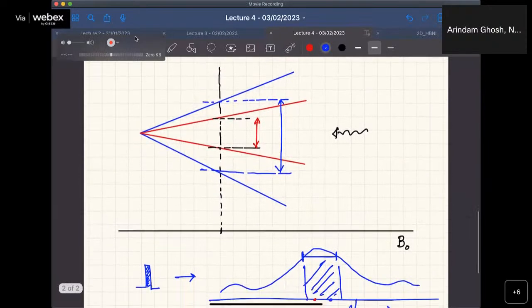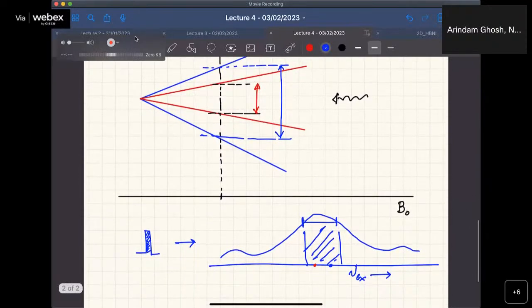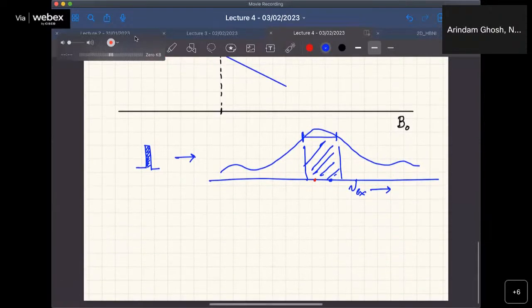Now the question is: fine, I have excited them together, but then what happens? I have two different tiny magnets, the bulk magnetizations that we have learned about, and both of them are created at the same time, because we have excited them both. Both have been flipped from the Z axis to the XY plane, done simultaneously.